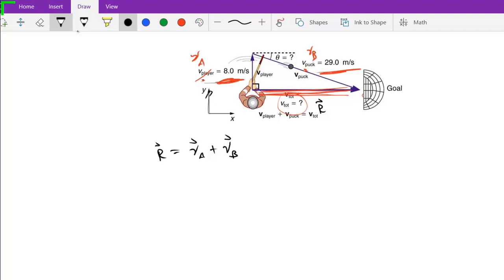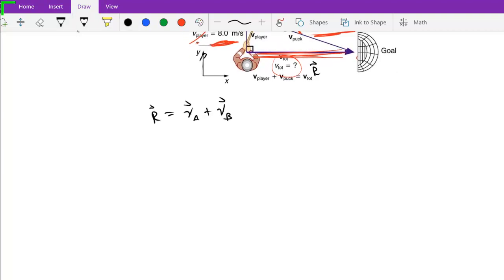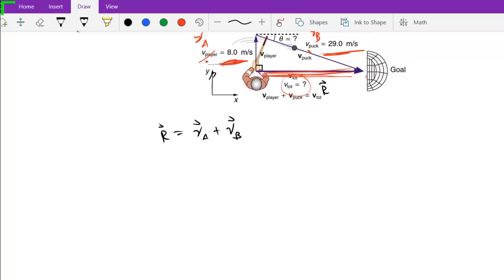And like we saw previously with the superposition principle, this means that the x component of the resultant would be the x component of vector A plus the x component of vector B, and the y component of the resultant would be the y component of vector A plus the y component of vector B.